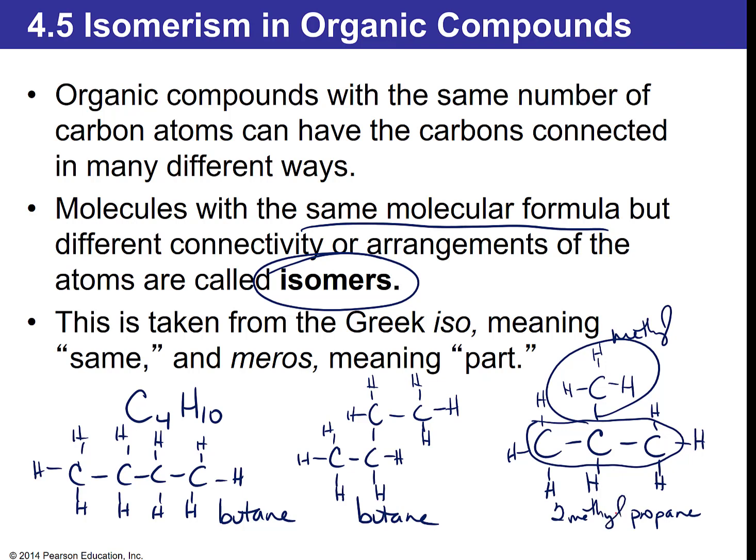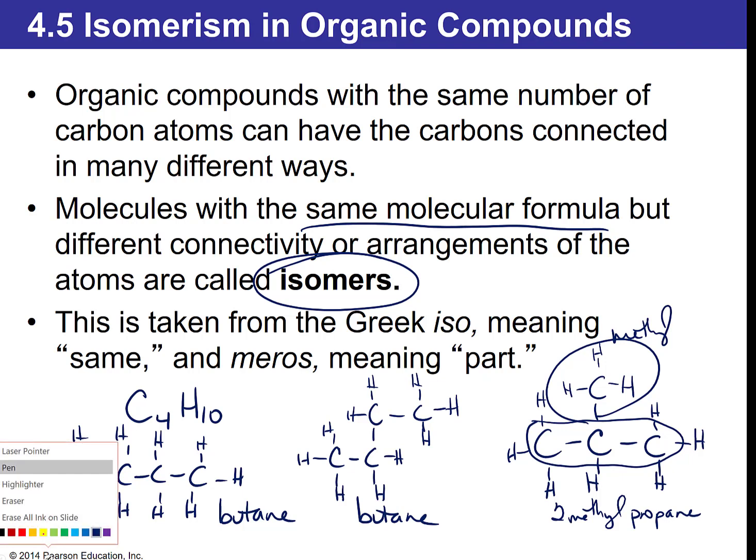These are isomers. They have 4 carbons, 10 hydrogens. They either have different appearance or they're actually put together differently. The first 2 look different but have the same name. So the first 2 are called conformational isomers.